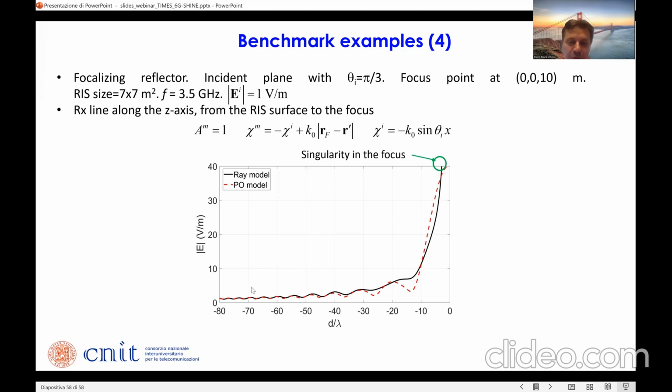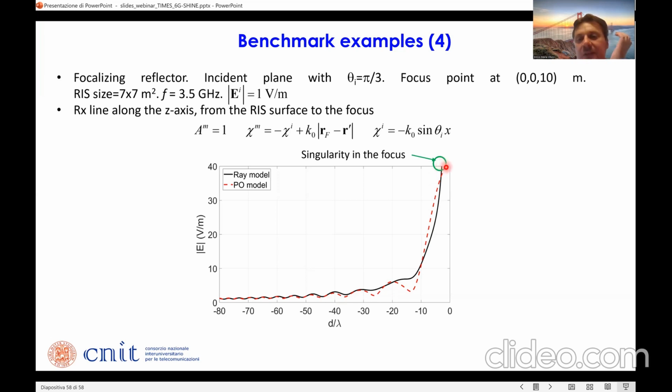These plots, for example, show you the comparison between the prediction of the physical optics method, the red dashed line, and the prediction of the ray model. As we can see, the prediction is still quite accurate if we stay at a distance of at least 5 lambda, where lambda is the wavelength. So at least 5 times the wavelength.